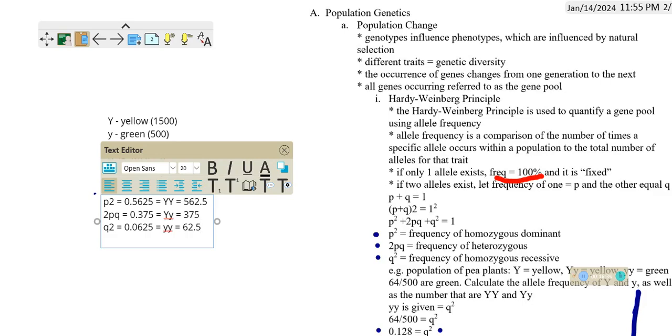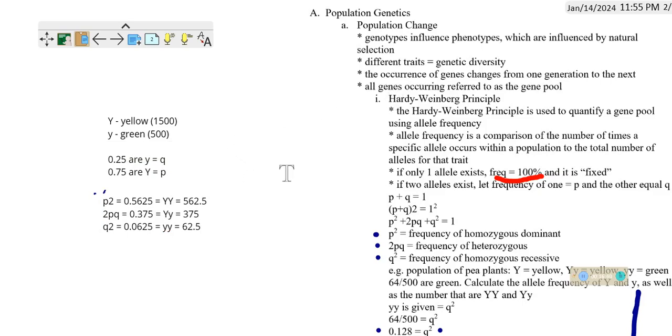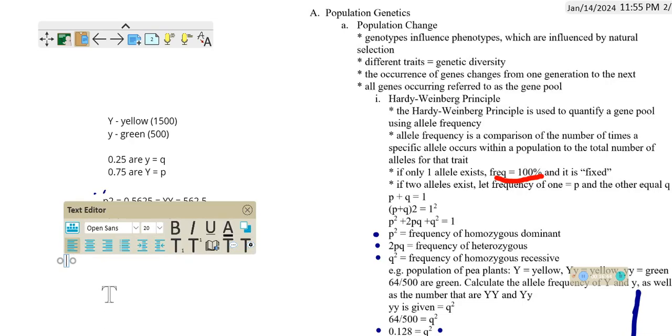One thing I'll just tell you here, when you get a question like this, Hardy-Weinberg frequency or equilibrium, the big thing to look for is that the number of recessive organisms will always give you Q squared.